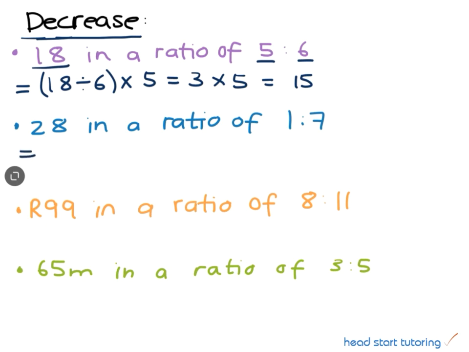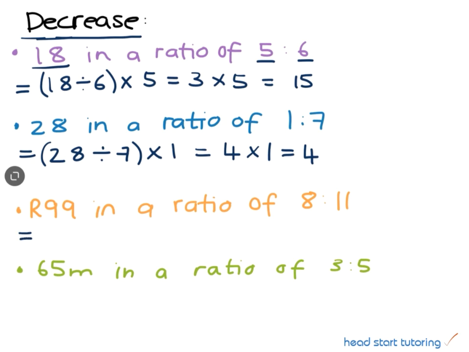If we would like to decrease 28 in a ratio of 1 to 7, again I need to divide my 28 by the bigger number, which is 7, and multiply it by my smaller number, which is 1. 28 divided by 7 is 4, and 4 multiplied by 1 is 4.